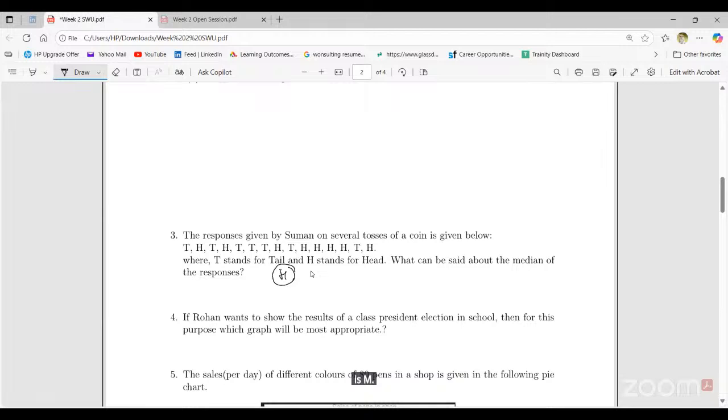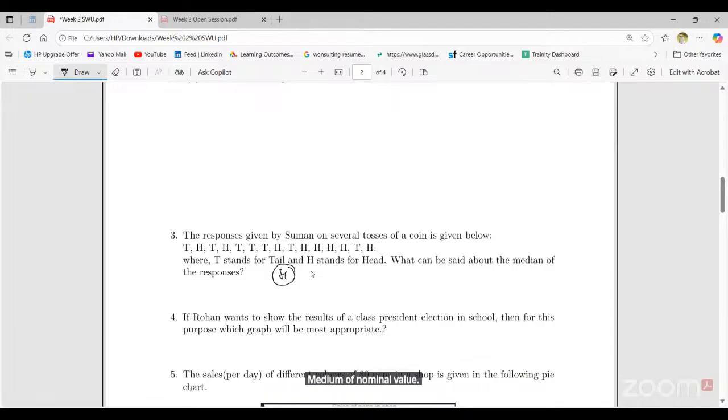Can we say that it's head if it is not ordinal? Couldn't get you. If it is not ordinal, can we say that the median is head or not? I was having a problem with this. It has to be ordinal. Without that we can't find a median of a nominal value.